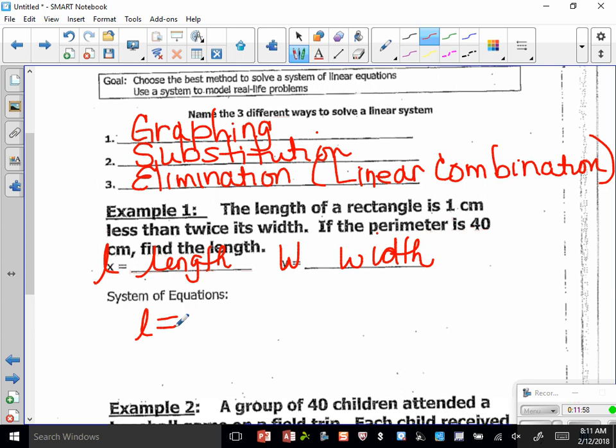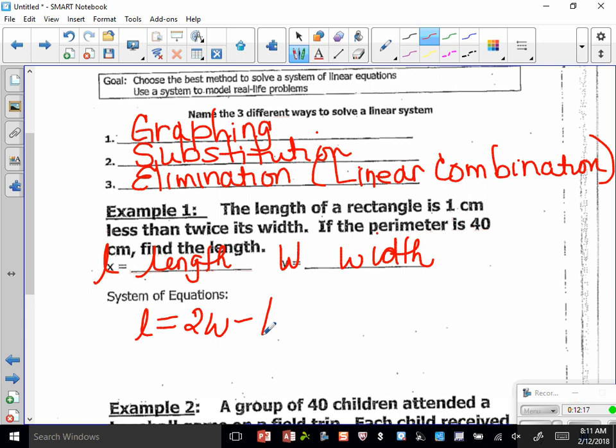How would you write that? 2W minus 1. Very good. So L equals 2W minus 1. And then it says if the perimeter is 40.